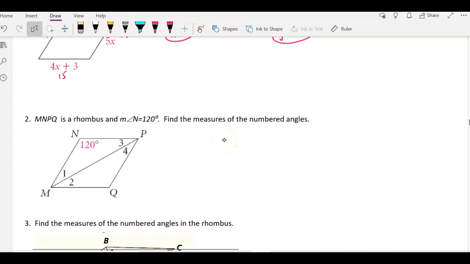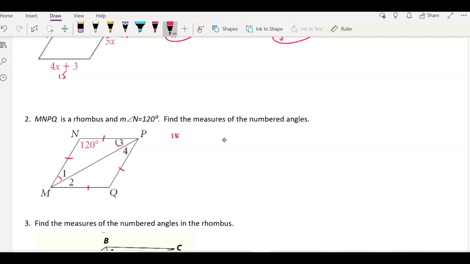Now, in a rhombus, if angle N is 120, right away I know four sides are congruent. And if you think about it logically, what type of triangle is that going to be? The best answer is isosceles. So if we know that's an isosceles triangle, we know these angles are congruent.